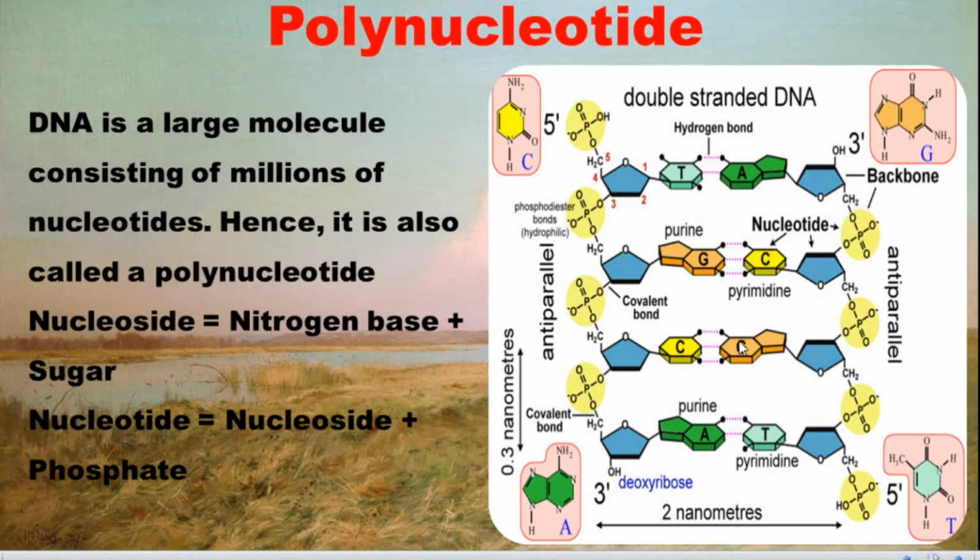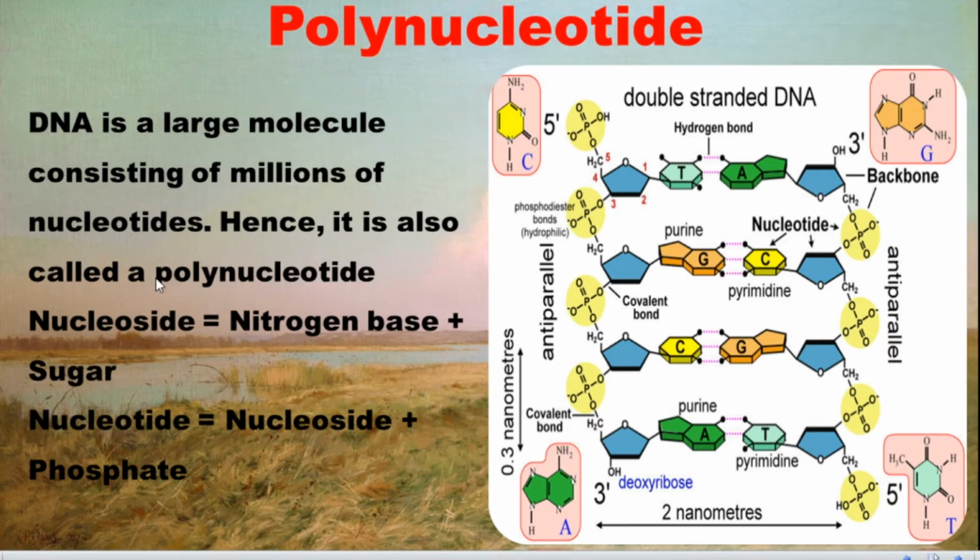What do you mean by polynucleotides? DNA is a large molecule consisting of millions of nucleotides. The DNA comes from the chromosome: the chromosome has genes, and the genes have many millions of DNA nucleotides. The DNA consists of millions of nucleotides. So what do you mean by nucleotides? That's one.